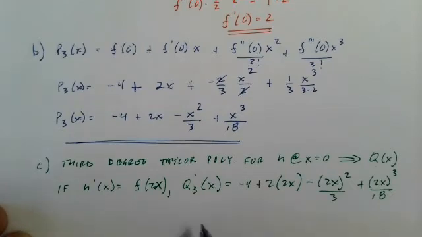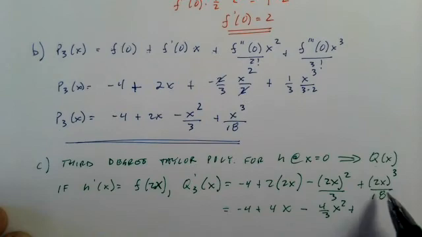Yeah, that's right. And then we integrate it, which I will simplify first: -4 plus 4x minus 4/3 x squared plus 8/18, which is 4/9, x to the third.